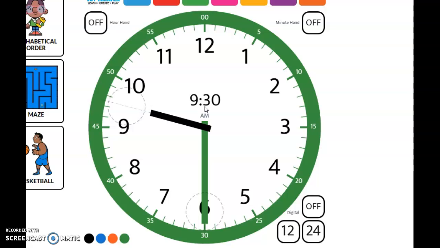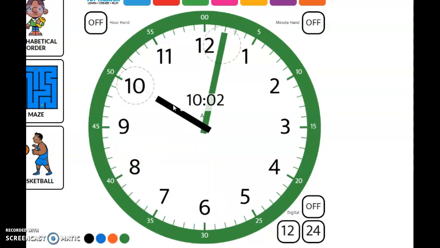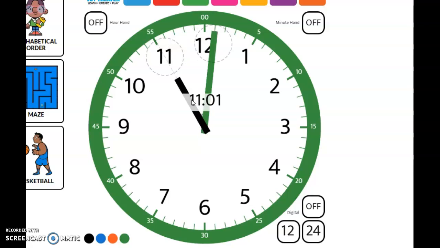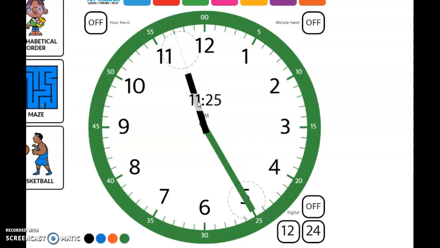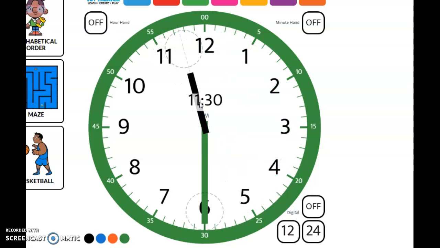Right here it should say 11:30. Okay, I hope my mouse doesn't go crazy again. Oh, there, perfect. 11:30. The minute hand stays on the 6, representing 30 minutes. We have to look at what the hour hand is pointing at. Remember, it's going to point at the middle, but you go to the number that comes before, which is 11. Half past 11.